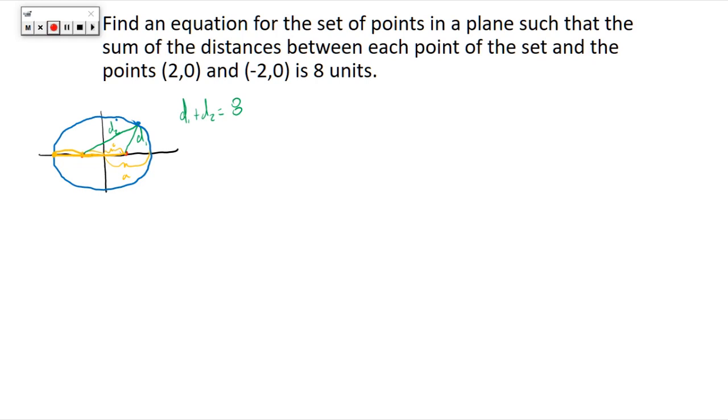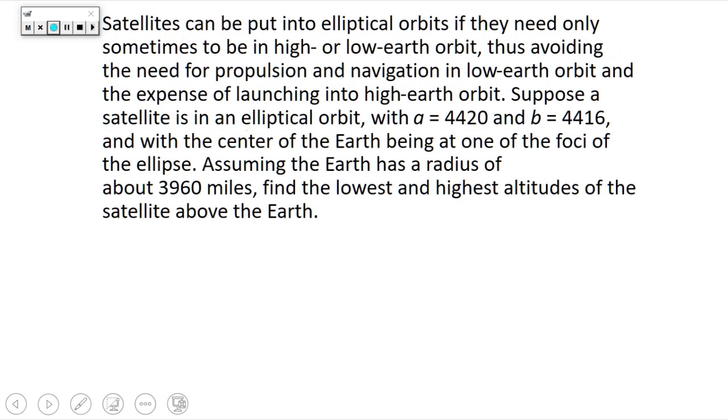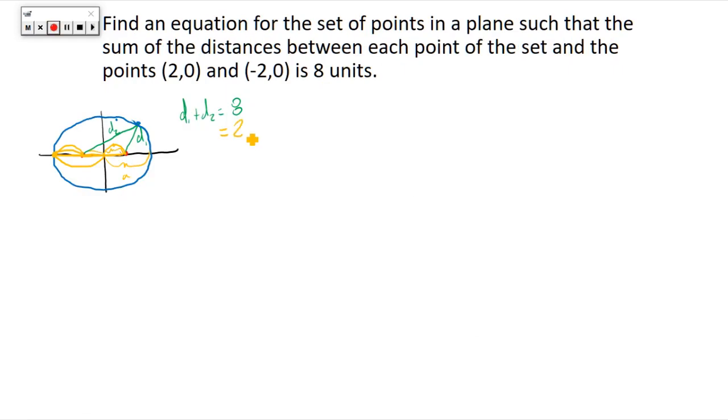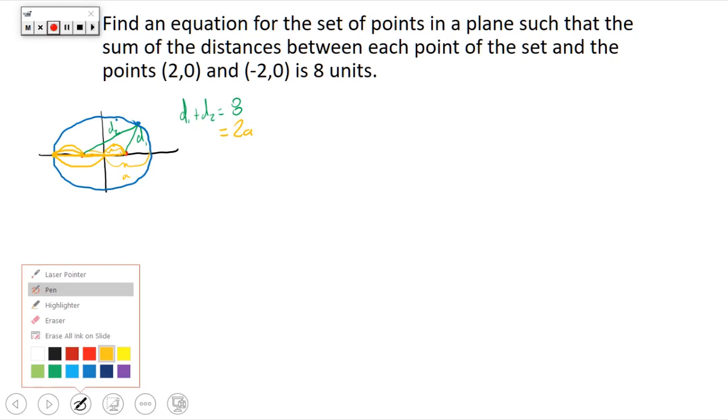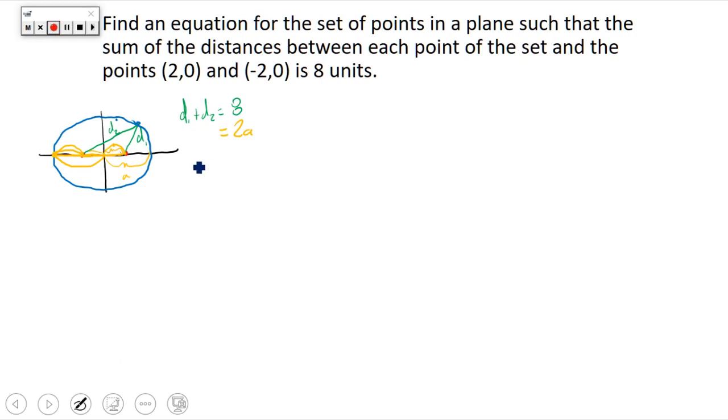We went a distance of a right there, and then a distance of c here plus some little extra piece, and c plus that extra piece is also a. So we know that this should be equal to 2a, which means for this problem 2a is equal to 8. So a is 4, the length of half the major axis. The longer axis is 4.